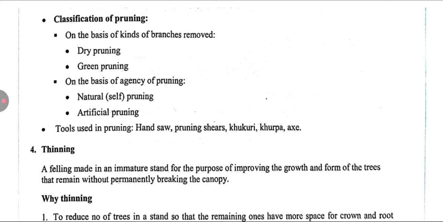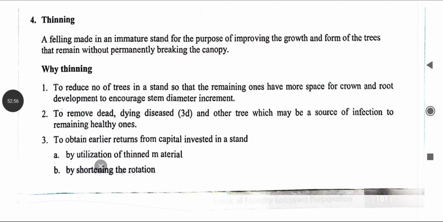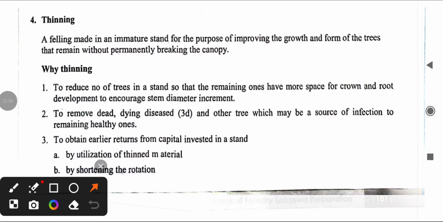Okay, thinning. Now comes thinning. A felling made in immature stands for the purpose of improving the growth and form of trees that remain without permanently breaking the canopy. Why thinning?